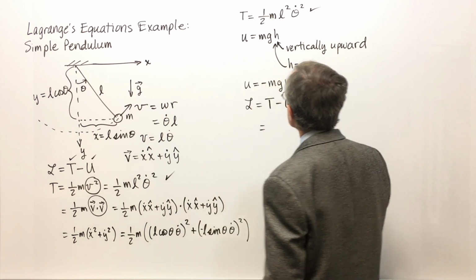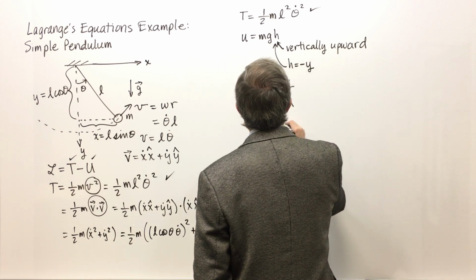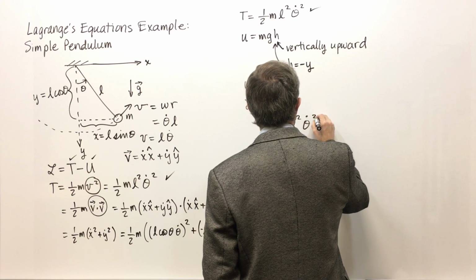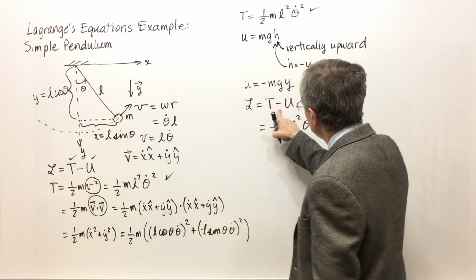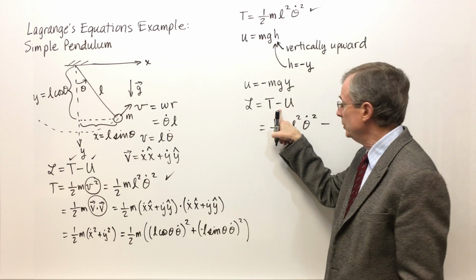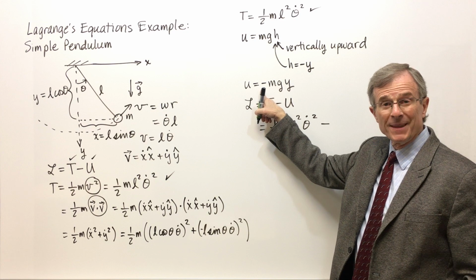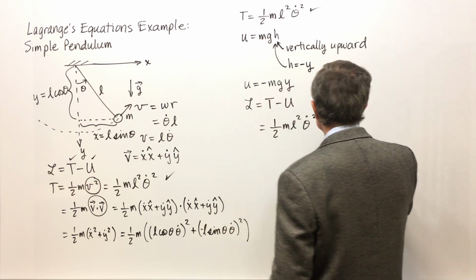Well, Merry Christmas, because that's 1/2 ml squared theta dot squared. And then we're going to subtract u. Well, u already has a minus sign in front of it, and so when we subtract u, it ends up being positive.